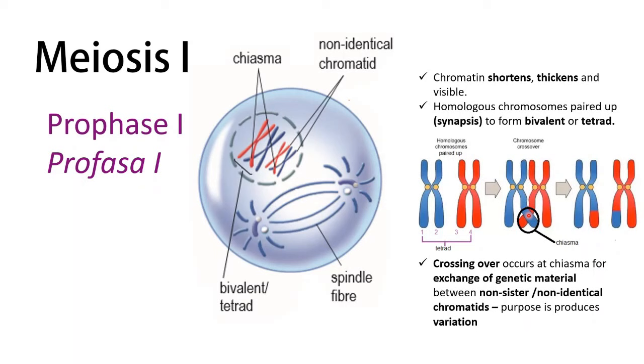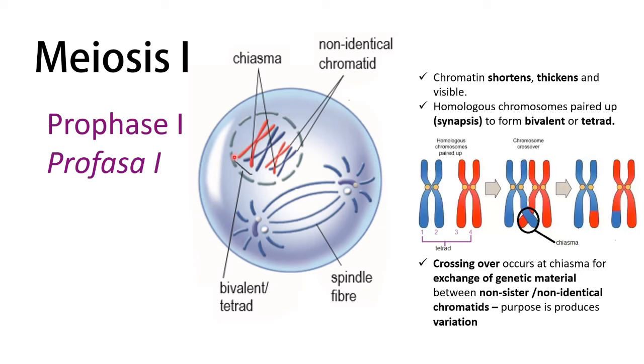Crossing over occurs at the chiasma, or chiasmata for plural, for exchange of genetic material between non-sister chromatids. So you can see here, after crossing over, the homologous chromosome is now different from the previous one because of the exchange of genetic material at the chiasma. The purpose of crossing over is to produce variation among the same species later.